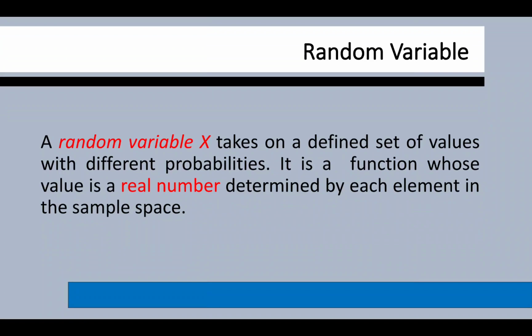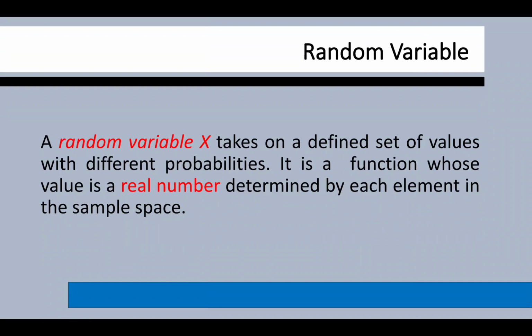When we say random variable, it takes a defined set of values with different probabilities. We are still pertaining to a random experiment, but when we talk about a random variable, we are going to represent the outcome of these random experiments by a real number. Ibig sabihin, i-assignan natin sila ng values.